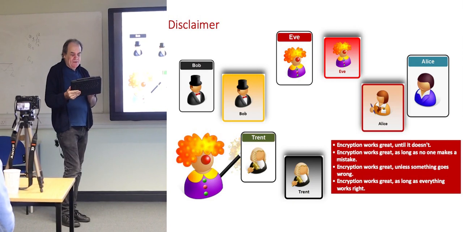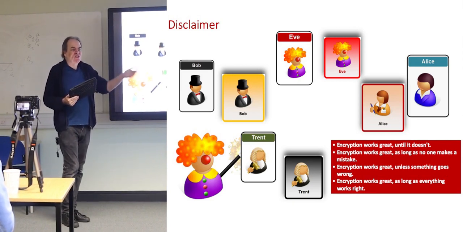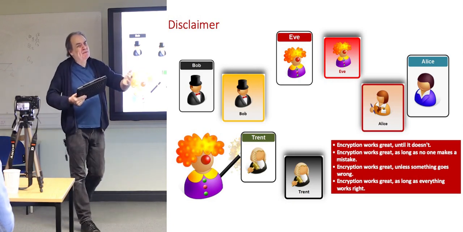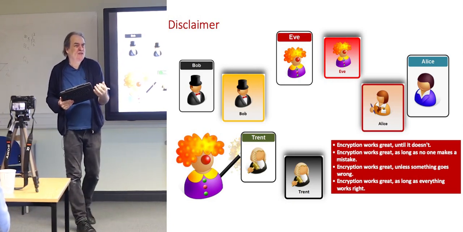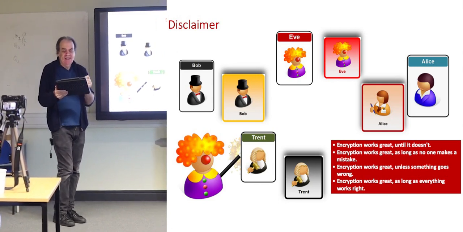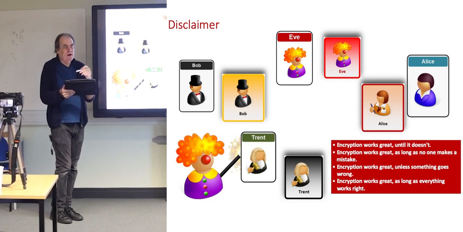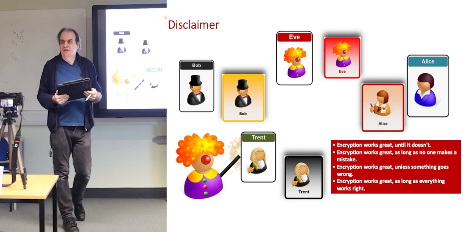So luckily, we build in trust. Who do Bob and Alice trust on the internet? Probably no one, really, truly. So we bring in trust, and trust is Trent. On the internet, we have trust as in the public key infrastructure.